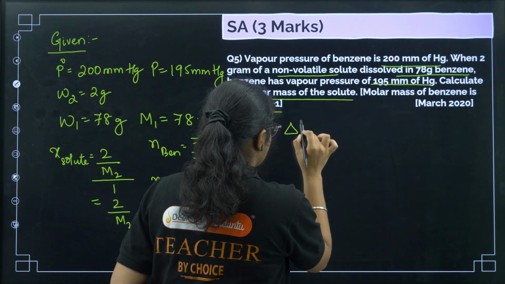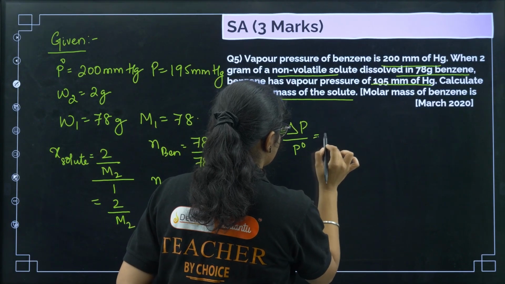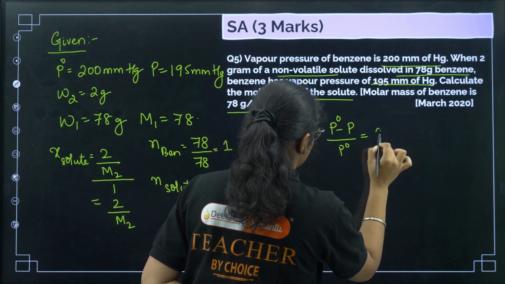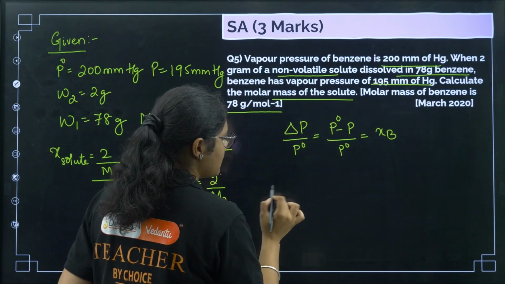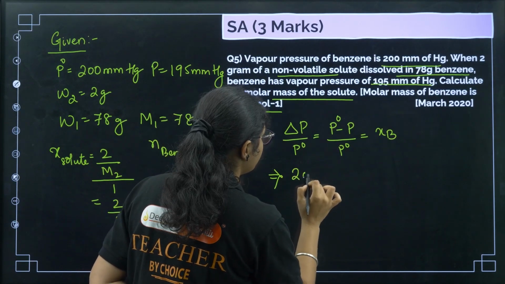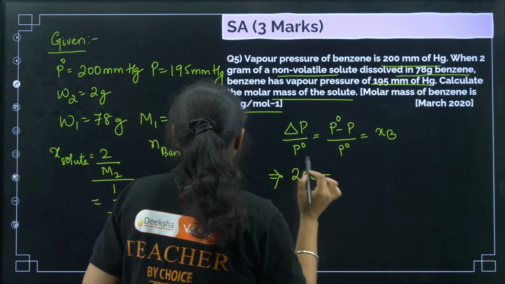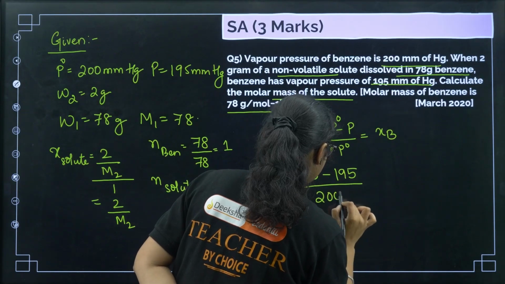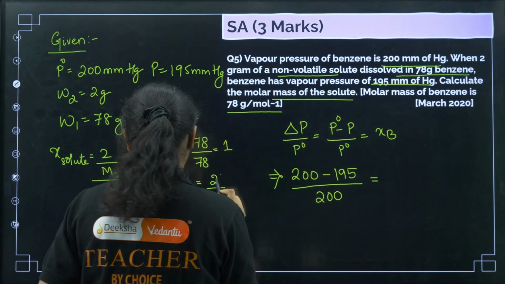Now we'll put the formula here. We have delta P by P0 is equal to (P0 minus P) by P0 is equal to XB, right? This is the formula. Now if I do correct substitution here, P0 value is 200, P value is 195, P0 value is again 200, equal to XB. XB is what?